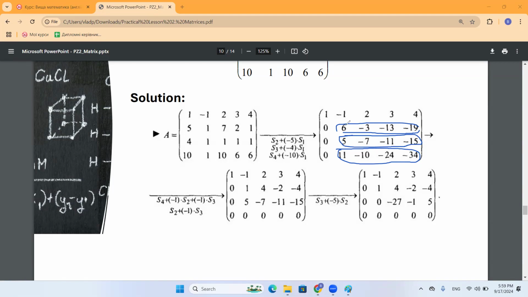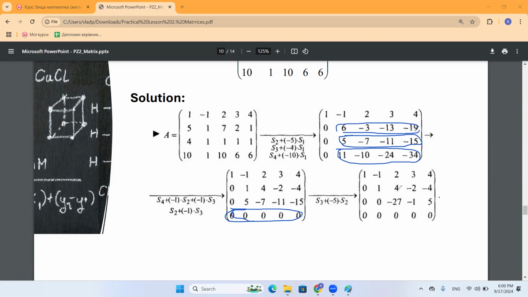So 11 minus 6 minus 5, 0; minus 10 plus 3 plus 7, so 0; minus 24 plus 13 plus 11, 0 as well. And if we add 19 and 15 to minus 34, we have 0 as well. So here we see that we cannot have the rank equal to 4 or greater.